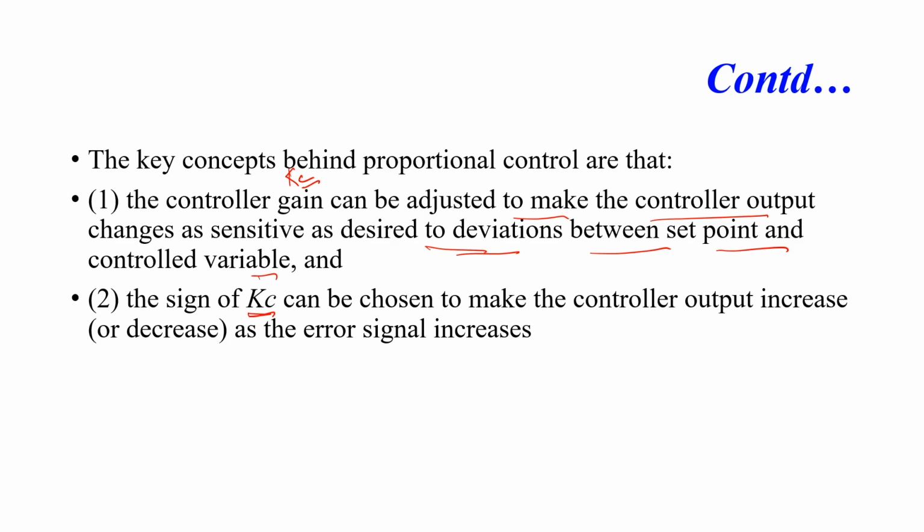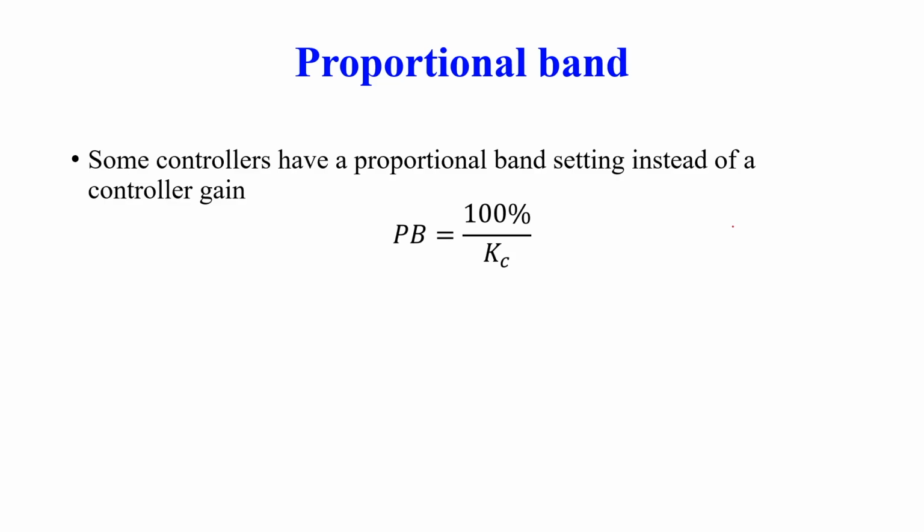It can work in both directions, whether the controller output needs to increase or decrease in response to the error signal. Let us say you are going for a pH adjustment. You need to decide whether you need to add acid or alkali. So, Kc is an important parameter for the proportional control.